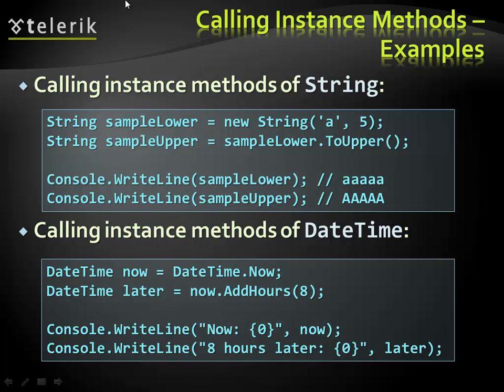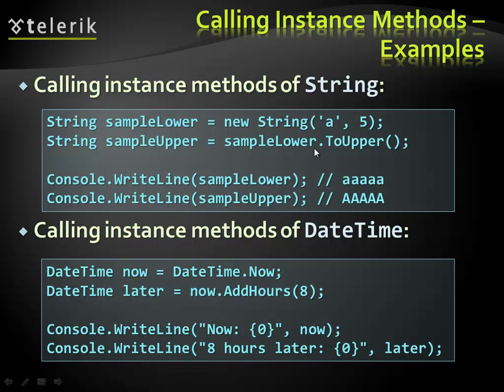Here's an example of calling methods of string. We are instantiating here a string using the new operator, and this will produce a string which has 5 times the letter A. And here we're instantiating another string.